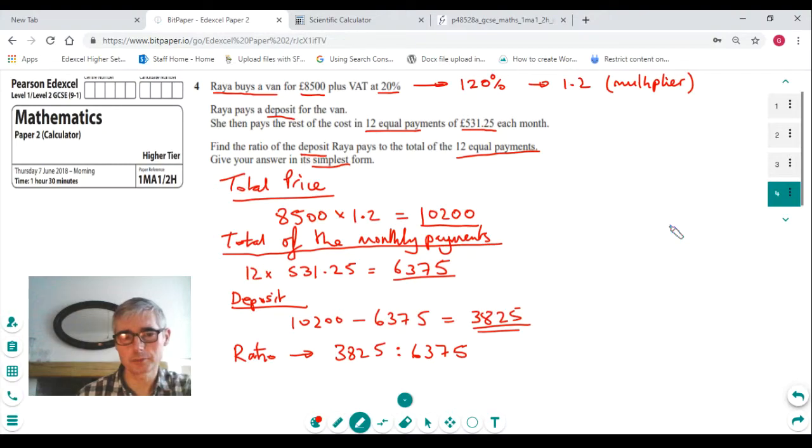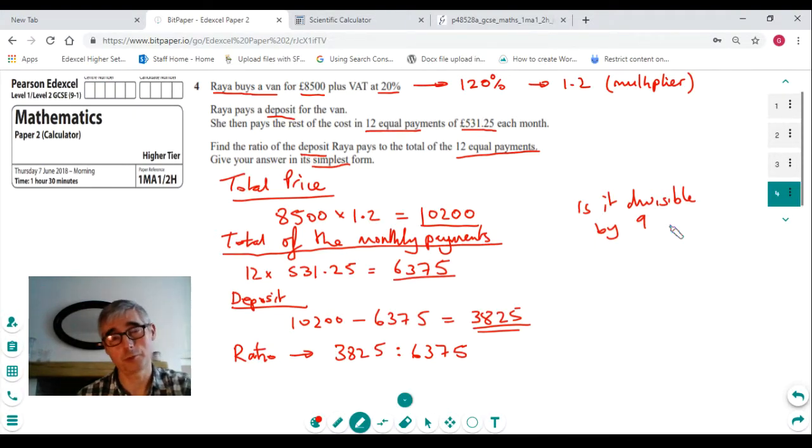Pretty tricky, really. It's a bit of trial and error. Happily, we have got the calculator. There are some divisibility tests we can do. A very handy one being, is it divisible by 9? Well, if you add up all the numbers together and the result is divisible by 9, then so would the first number.